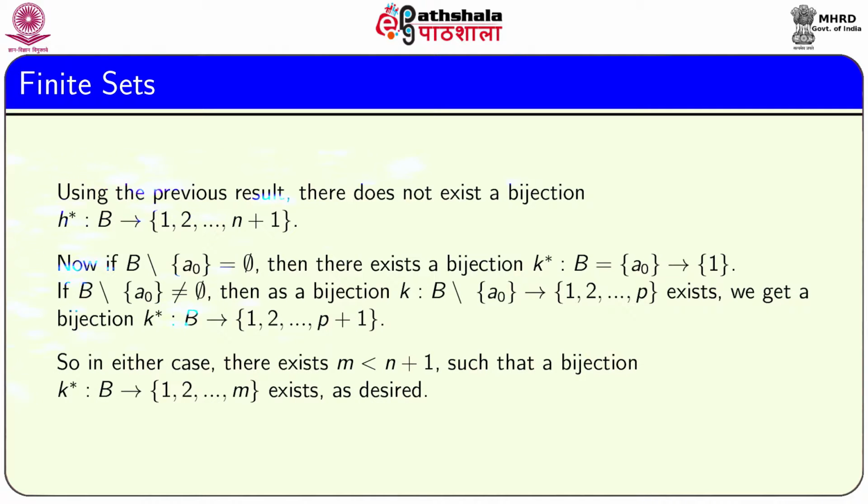If B minus A0 is non-empty, then as a bijection K from B minus A0 to the set 1 to P exists, we get a bijection K star from B to the set 1 to P plus 1. So, in either case, there exists M which is less than n plus 1 such that a bijection K star from the set B to the set 1 to M exists, as desired.